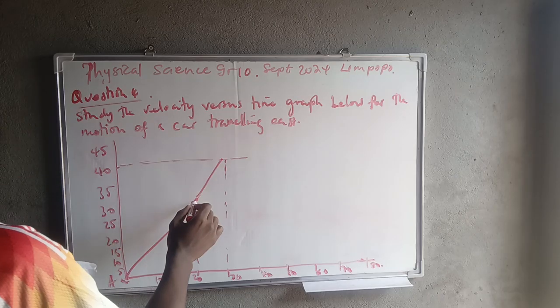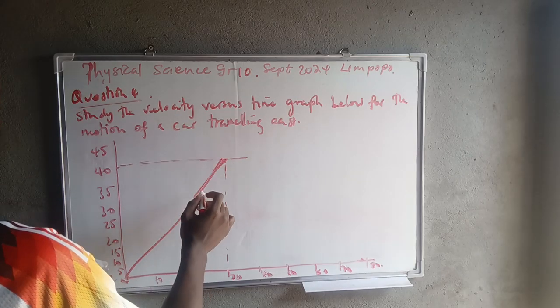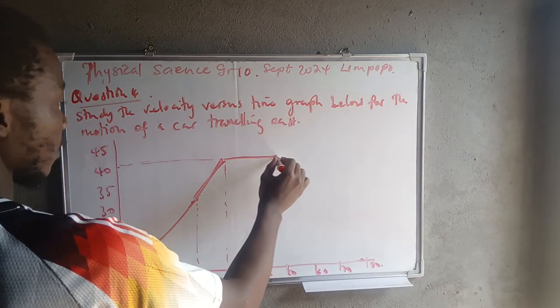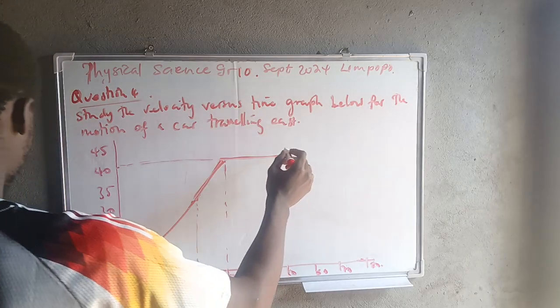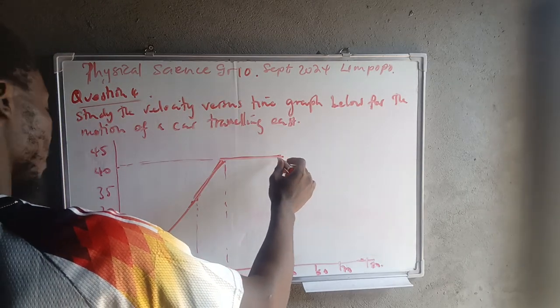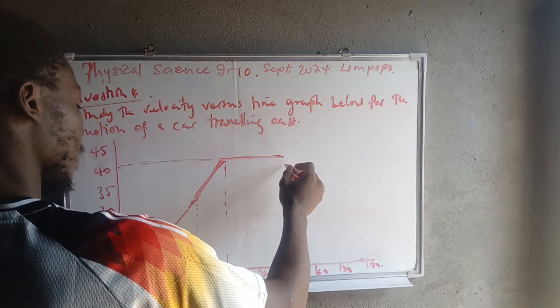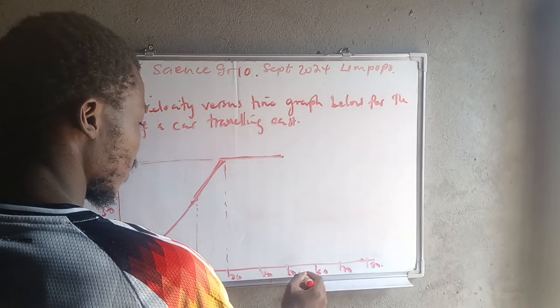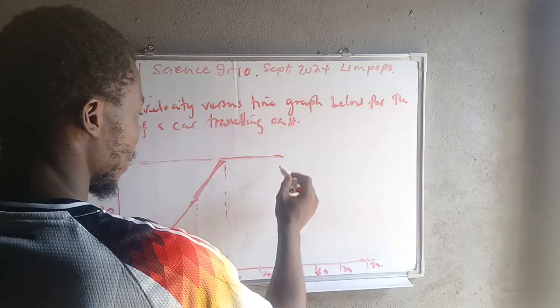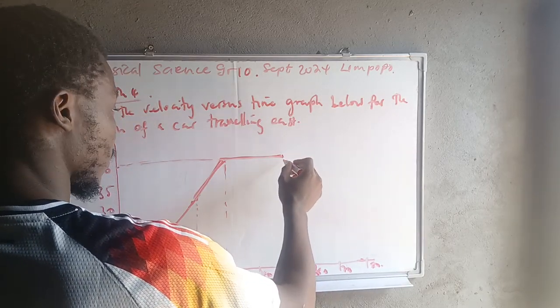Then from there it becomes constant, then to 60, 40, 50. So this is 50, this is 60.